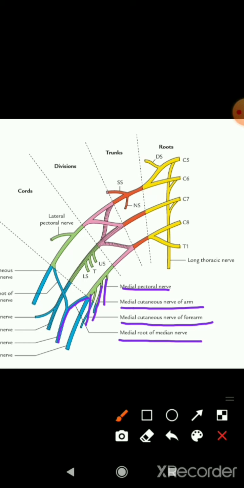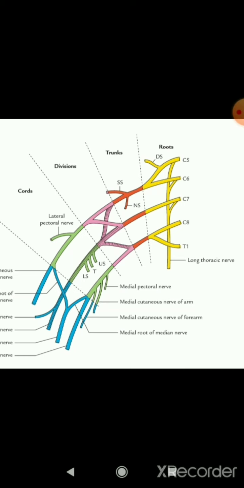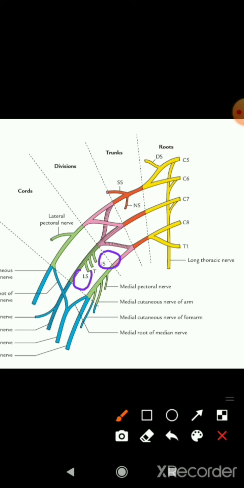Then come to the posterior cord. What are the branches coming from the posterior cord? They are the upper subscapular, lower subscapular and thoracodorsal nerve, and it gives branches to the axillary nerve as well as the radial nerve.